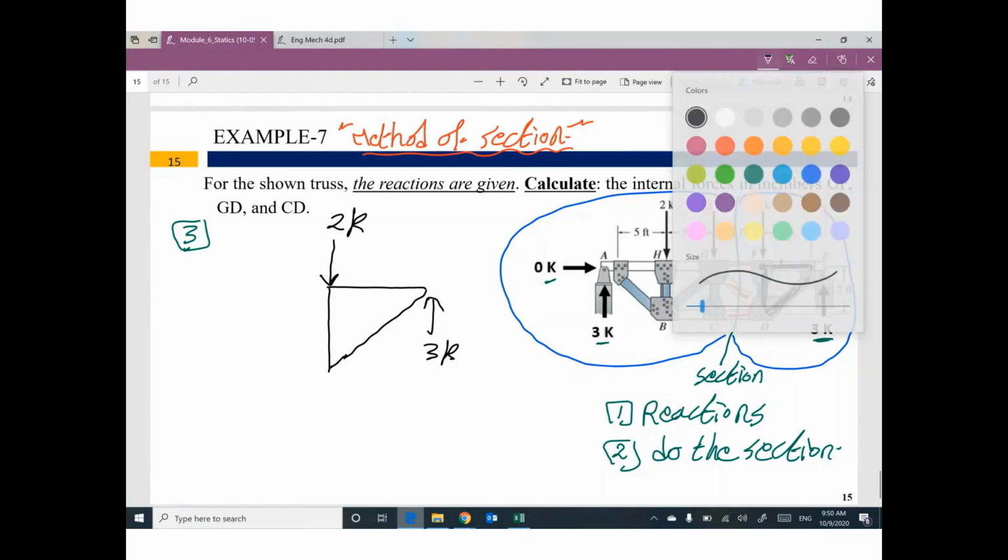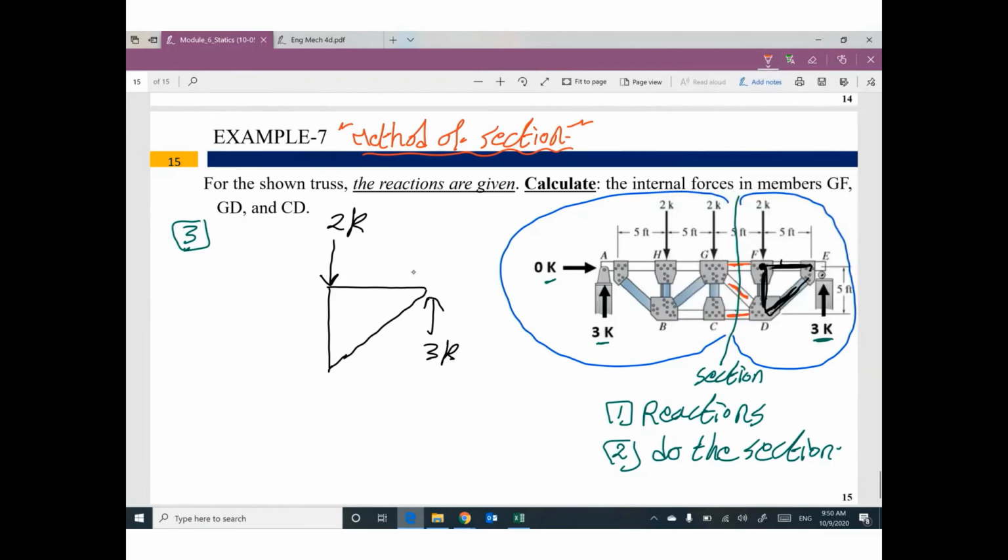And I did cut this member, this member, and this member. This member is FDC. This member is FDG. This member is FG. Do you agree? It's very easy. This one is easier.